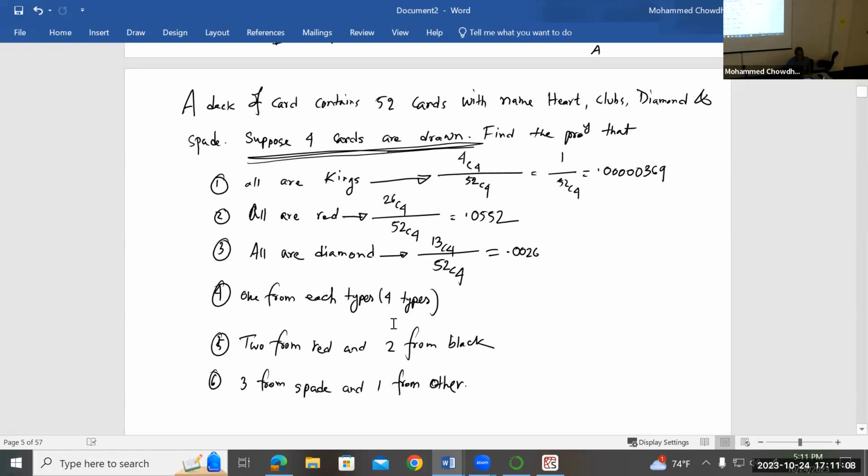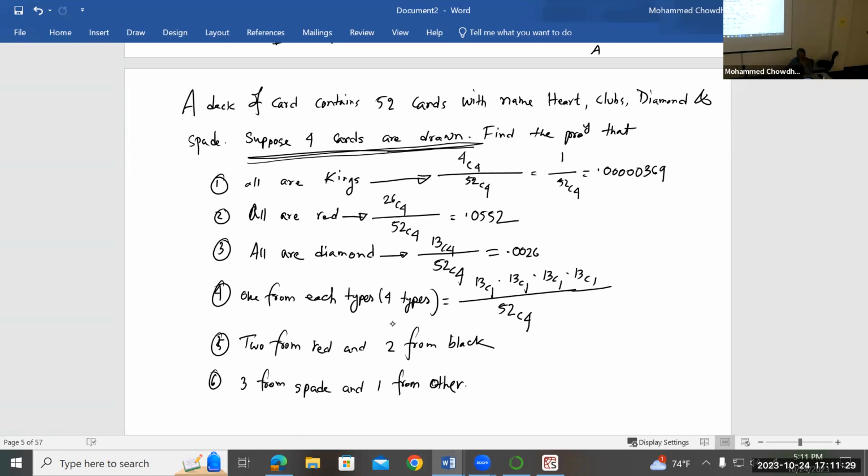One from each type. How can you do that? One from each type, over 52 choose 4. So 13 choose 1, 13 choose 1, 13 choose 1, 13 choose 1, right?